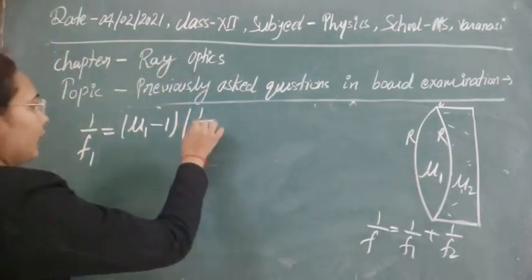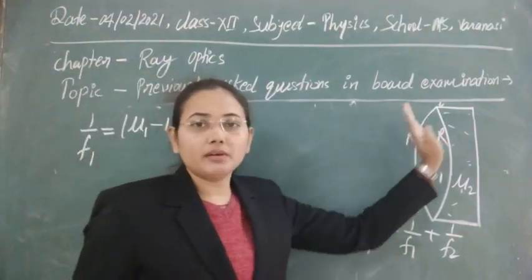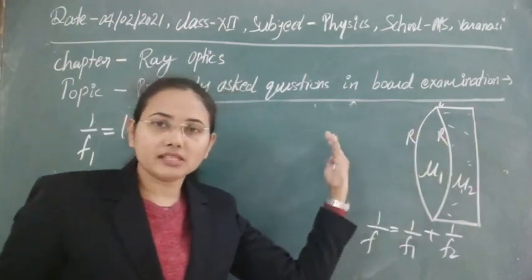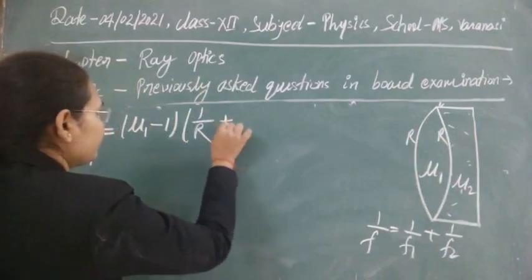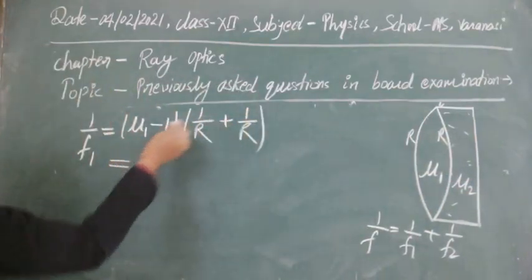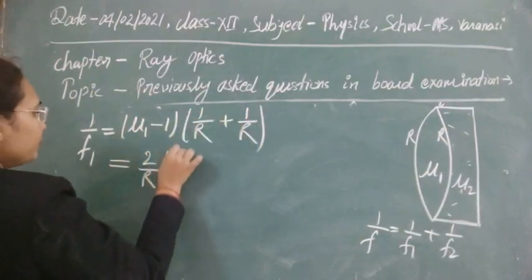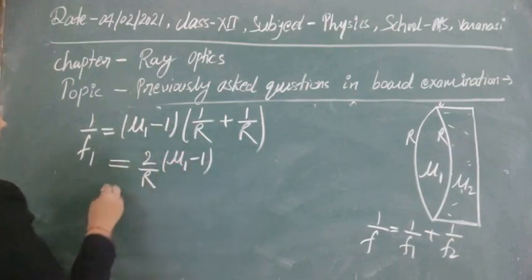One refracting surface has its radius of curvature on this side and the other on the other side, so obviously it will be plus 1 by r, and you take the minus sign. So this will be equal to 2 by r times (mu1 minus 1) finally.